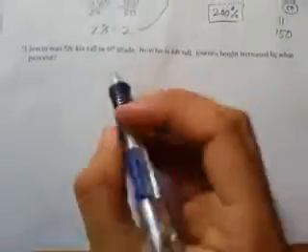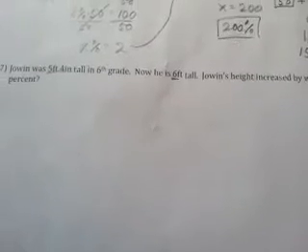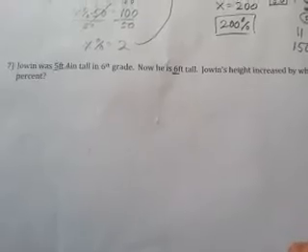Okay, thank you, Joan. So when you see a problem like this, when you see feet and inches, the first thing that I immediately think is, okay, I have to change both of them into feet or into inches. In this case, I think it would be easier to make it all into inches so I don't have to deal with fractions.